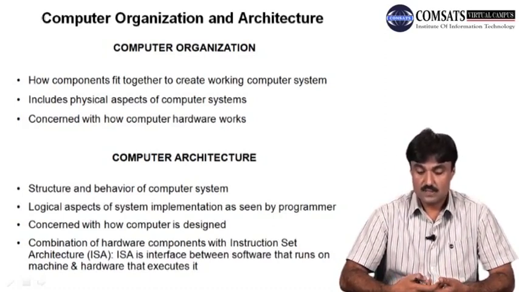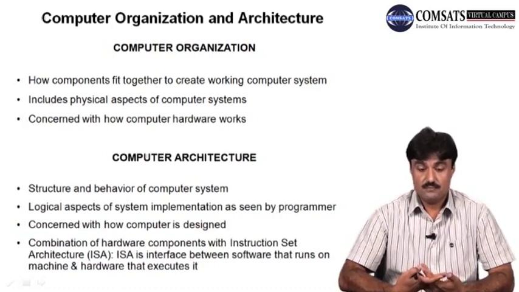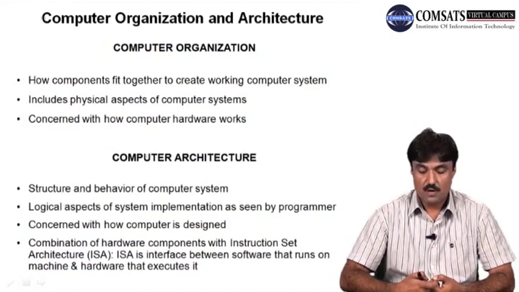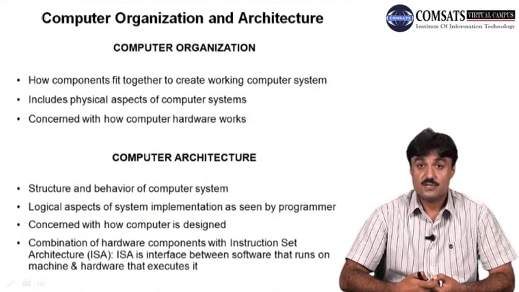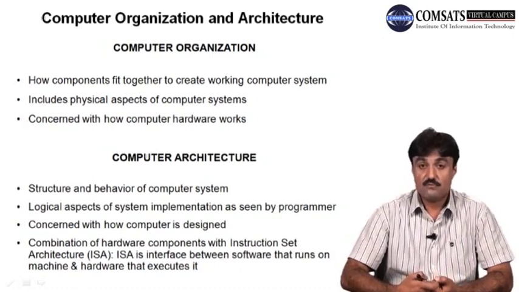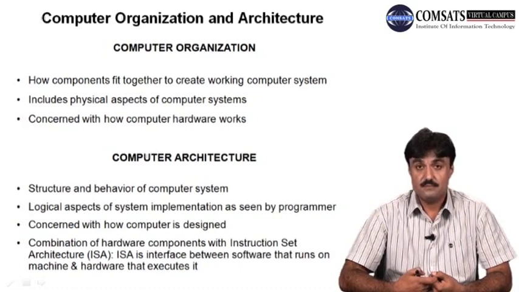These are the logical aspects of the system implementation as seen by the programmer. Computer architecture is concerned with how the computer is designed, and it provides a combination of hardware components with the instruction set architecture. So what is this instruction set architecture? It's the interface between the software that runs on the machine and the hardware that executes it.